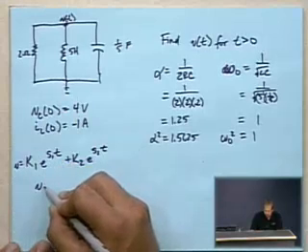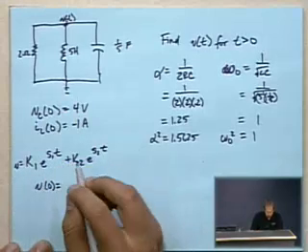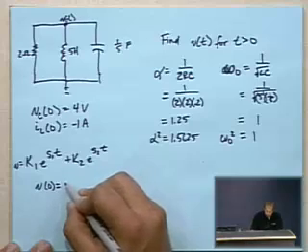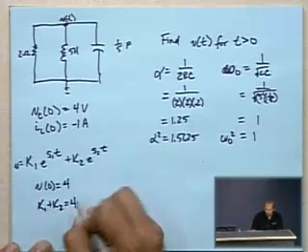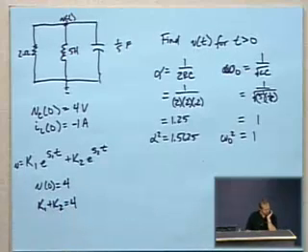But either way, the voltage at time 0 is equal to 4. So K1 plus K2 equals 4.